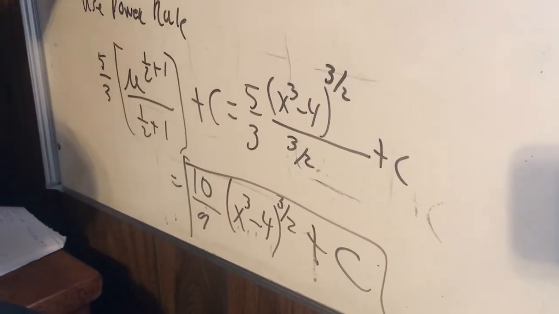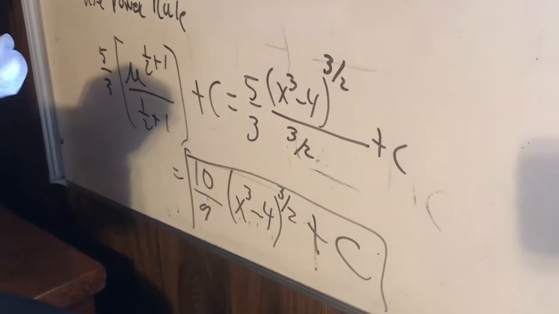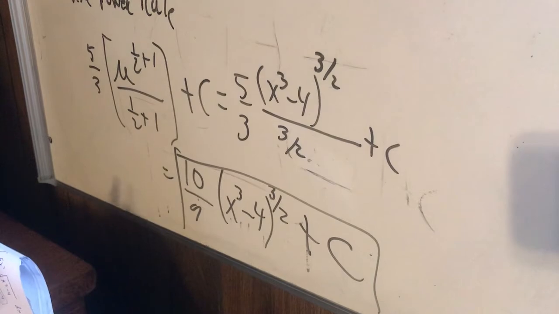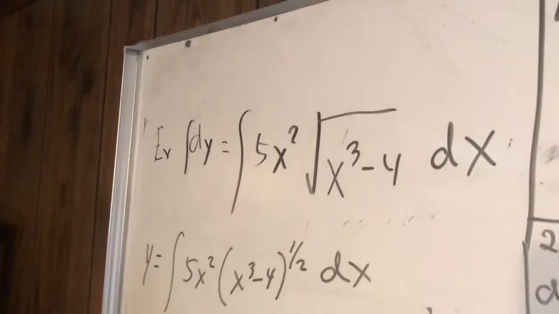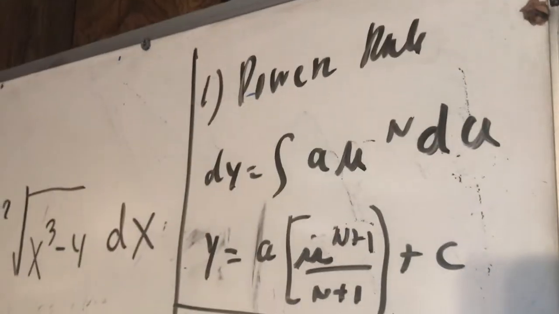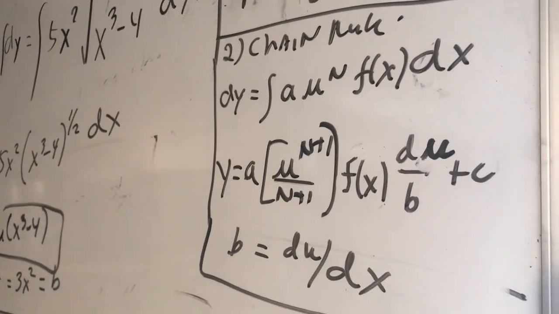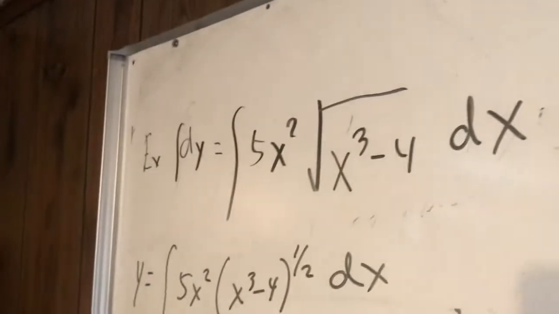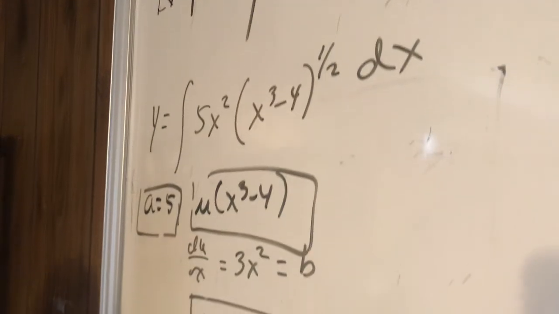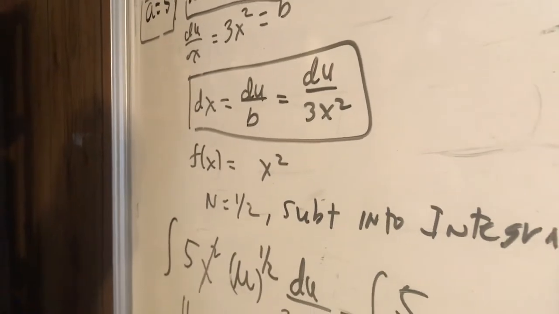That's the solution. 2.5 minutes. All right, everybody write that down. What I would advise is that you put this problem on a separate piece of paper and try to do it using this rule and see if you can get the answer I got. I'm going to give you one more, too. So we got 10/9 times x cubed minus 4 to the 3/2 plus c.